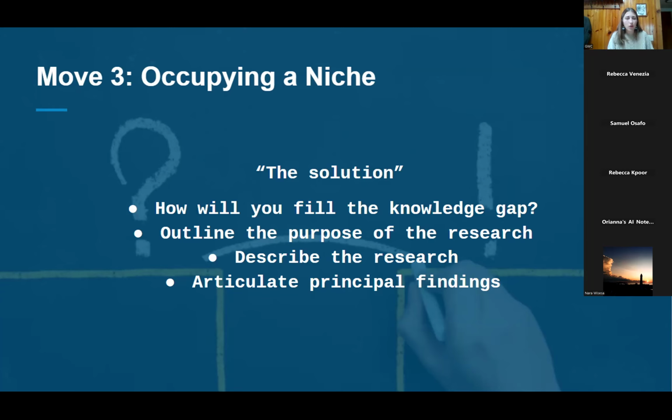So you're really starting similarly to our hourglass shape tool. You're starting generally with, what do we know in our field? What do we not know in our field? And how am I helping to address what we don't know? So you're ending on a note that really captures the reader as to why they should care about your research in general.